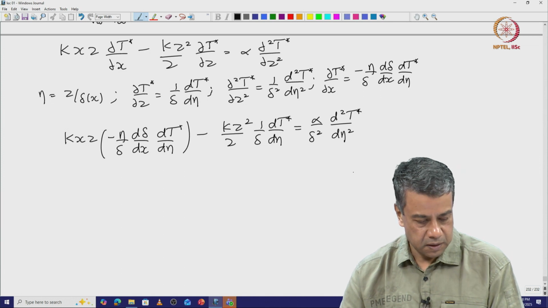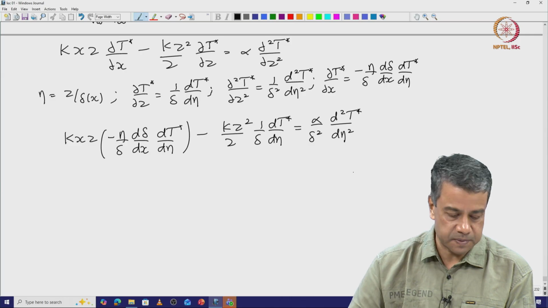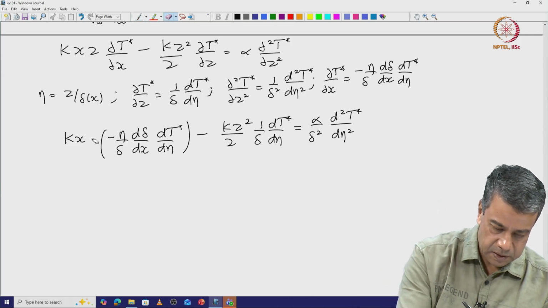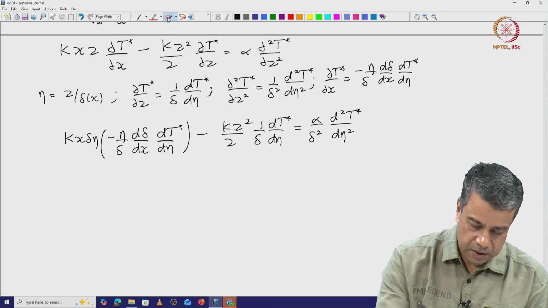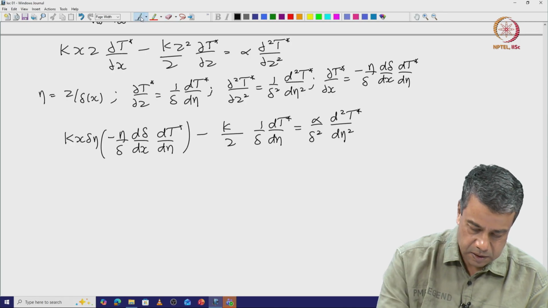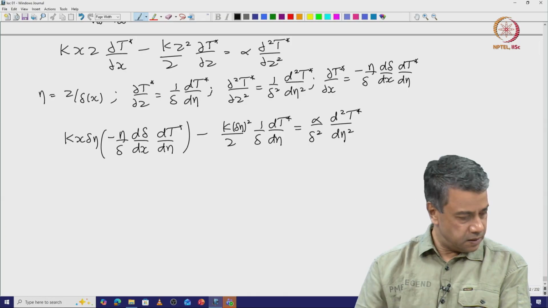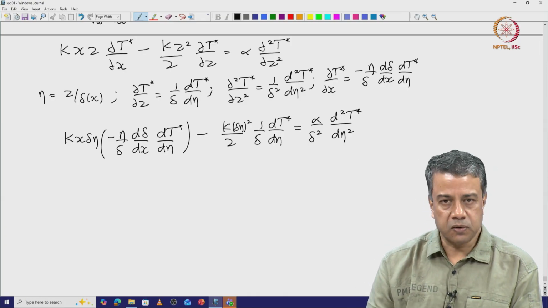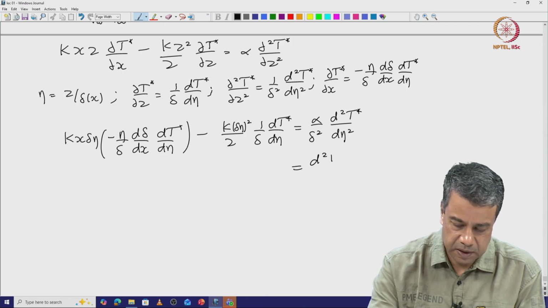And for x and for z I have to substitute eta times delta. So this is delta eta, and this one is delta eta the whole square. Multiply throughout by delta square by alpha, so that the right side becomes just d square t star by d eta square.